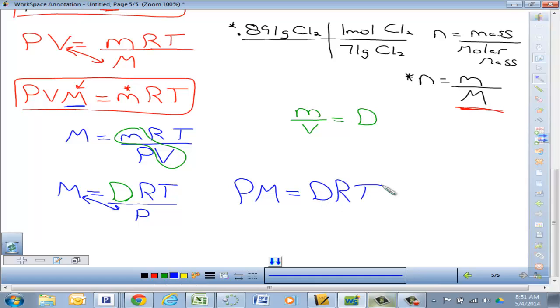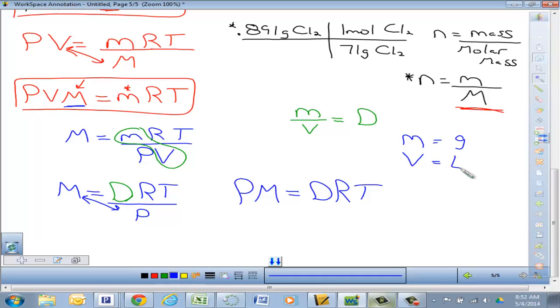When I look at that equation, I want to think about variables. Density is a mass over a volume. Mass has to be in grams, but when you think back to the R that we had, volume is measured in liters.